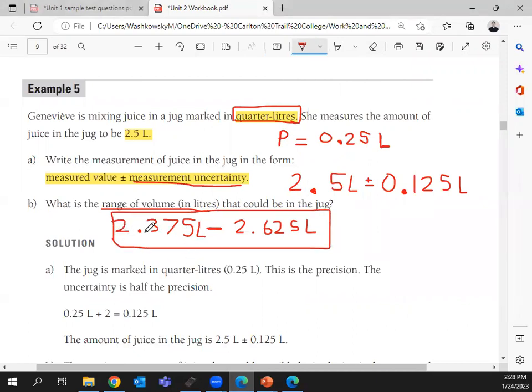There's between 2.375 liters to 2.625 liters of juice in this jug. That's what that's saying when it asks you for the range. So I got those numbers by literally taking my stuff up here. I took this 2.5 and I added and subtracted my measurement uncertainty.